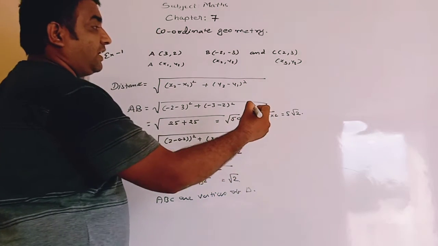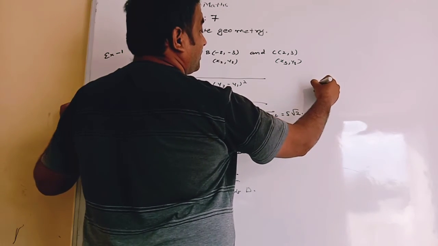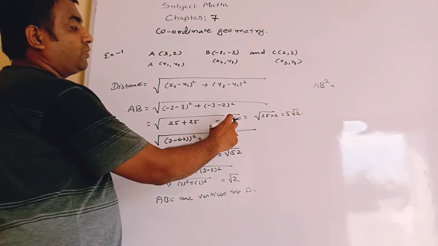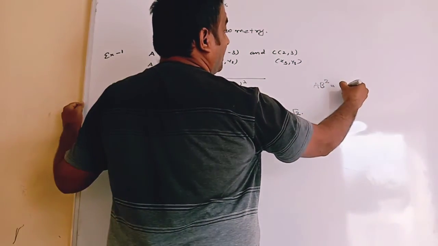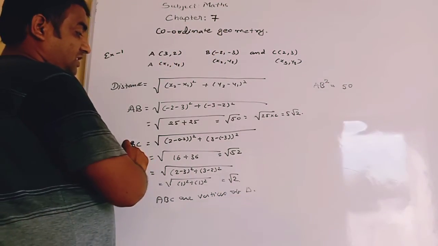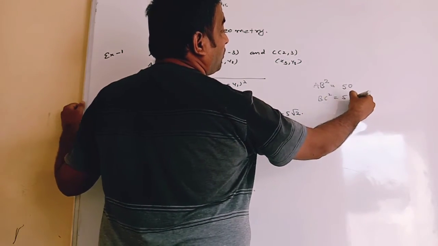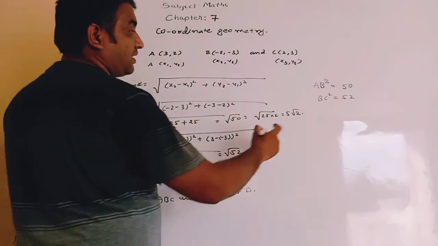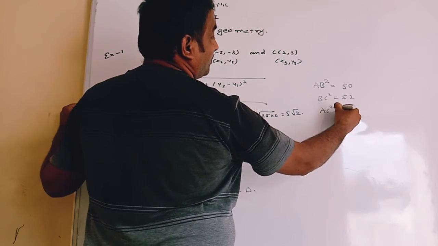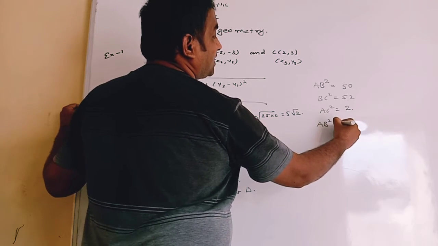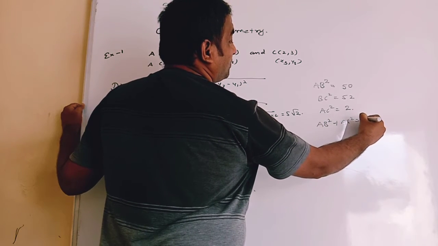So here we take AB square. Then you can see that AB square means root 50 square, it will be 50. BC square, it will be root 52 square, so 52, and AC square is root 2 square, that will be 2, and so AB square plus AC square is equal to BC square.